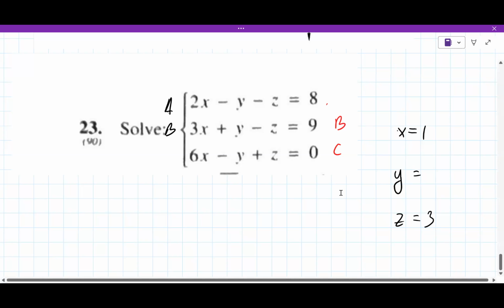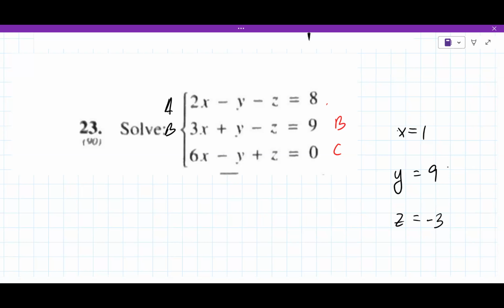Let me confirm that though. Oh wait, sorry, no. Z equals -3. Or Y. Silly me. Sorry, my mind's all jumbled up. Y equals 9 and Z is -3. Okay, 3, sorry. I think actually Z is just 3.